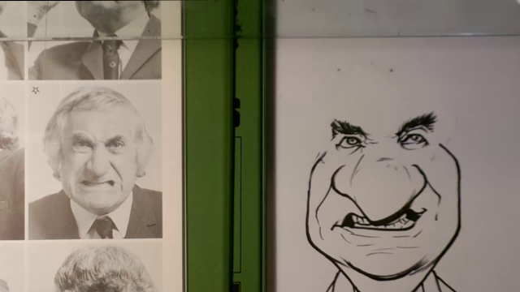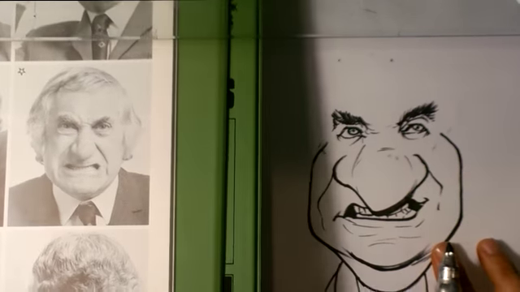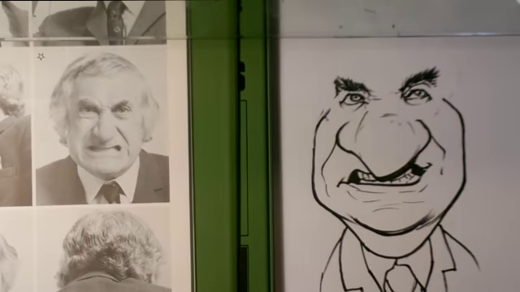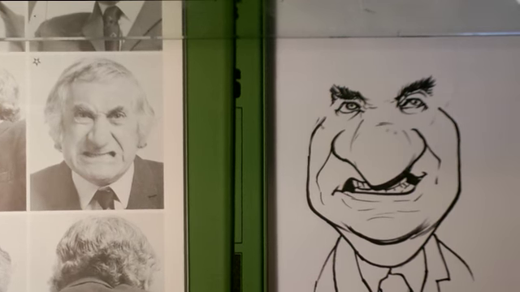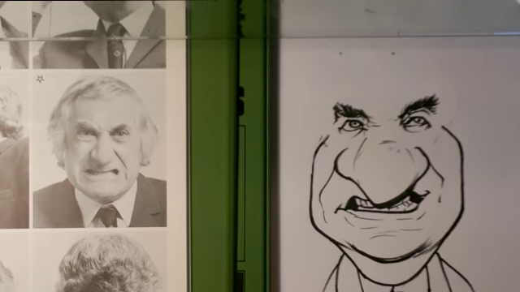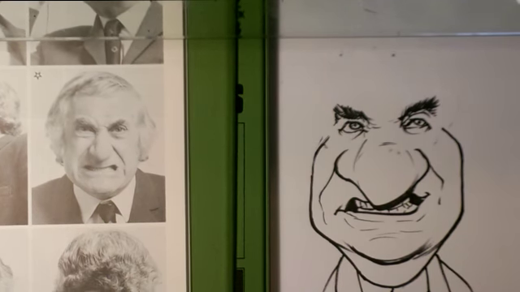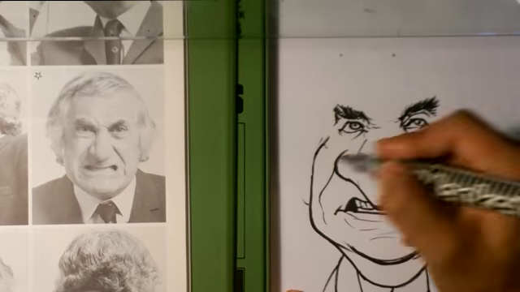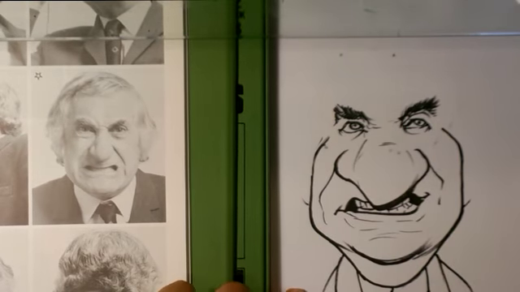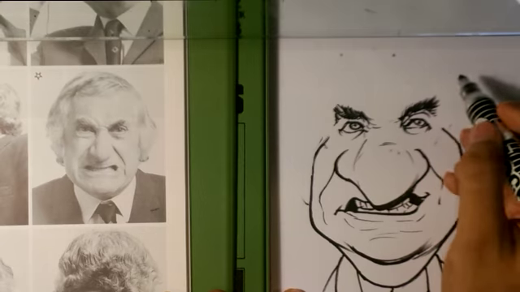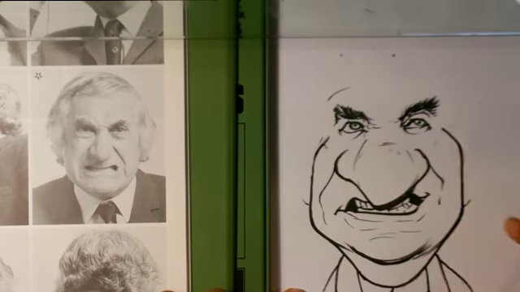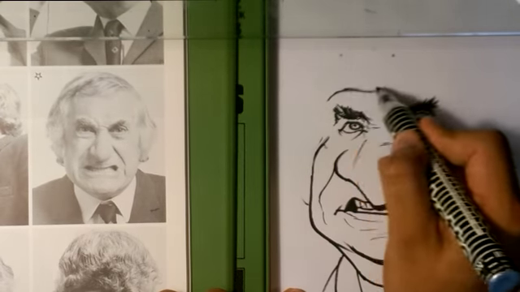Drawing a suit on the bottom there. I don't think you saw it. Whoops. I drew a suit down there, but I'm going to pull it down. It's really about his face. And I'm going to look at his hair shape. I got to think about that. Maybe even squint at the photo for what kind of shape his hair is making. It's kind of covering up his ears. It's going pretty low on his face. I'm not going to eliminate his forehead, even though his forehead's kind of big.